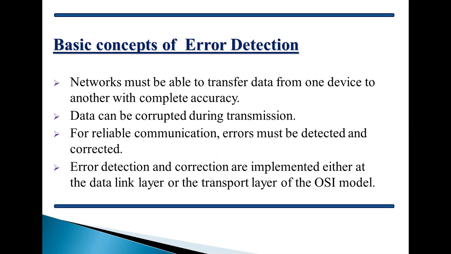Data can be corrupted during transmission. For example, system A sends a message to another device, system B. When data is transmitted from one device to another using some medium, wireless or cable, some magnetic or noise effect can cause the data to be lost.